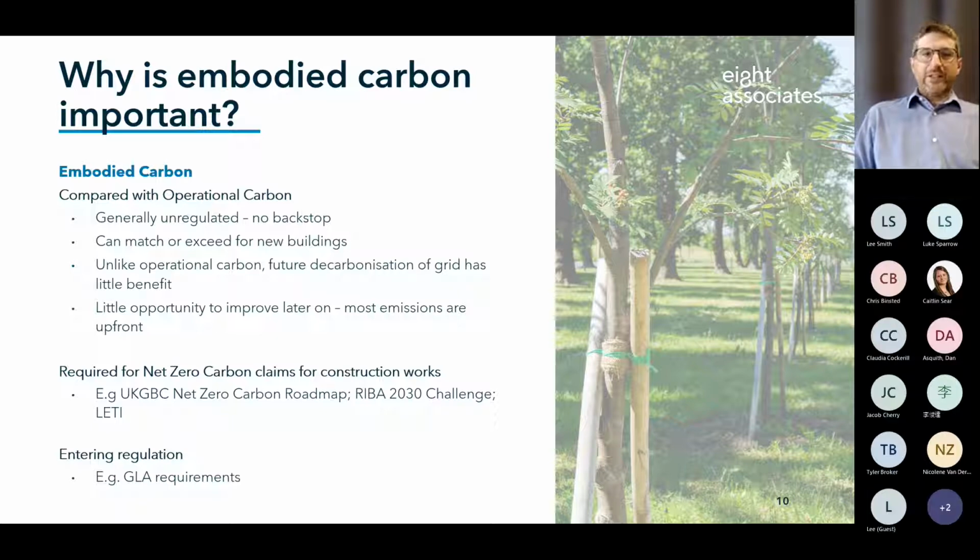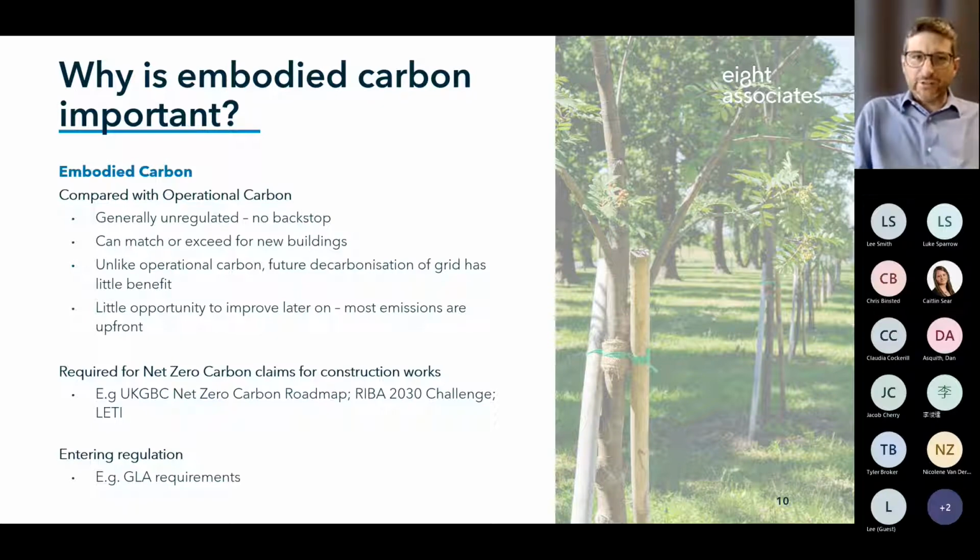And there's a subtle point here too, that unlike operational, where you can reduce the emissions year on year, so you could look at optimizing performance of the kit you've got through more specialist commissioning, or just general energy efficiency measures by the organisation who occupy or run the building, or you can upgrade the kit at some point in the life of the building to more efficient kit, or install perhaps PV to contribute a bit of electricity to the grid to offset what you're using, or you can consume it on the site.